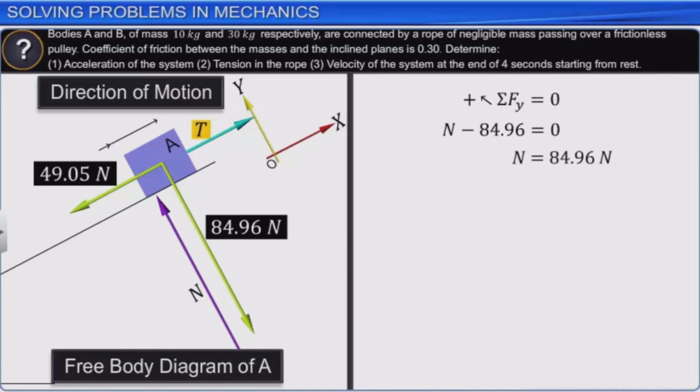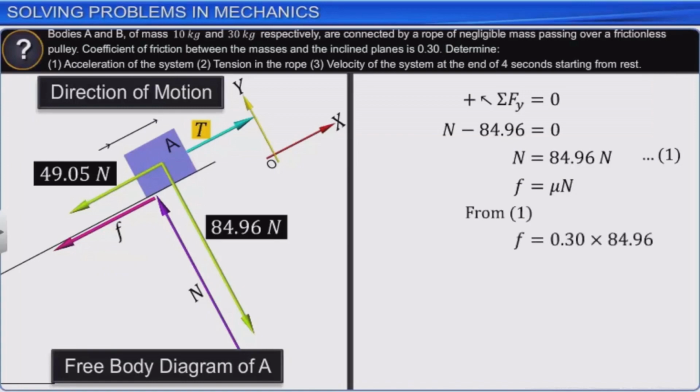As A is moving up the plane, the frictional force F acts downward. F is equal to the product of the coefficient of friction, mu, and normal reaction N. Substituting the value of N from equation 1, we get the frictional force F as 25.49 newtons.